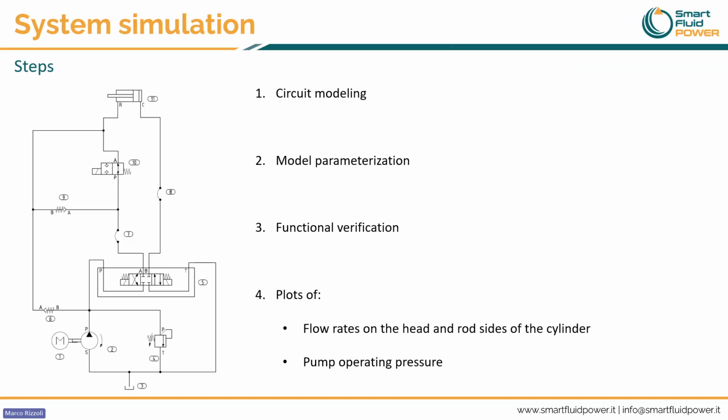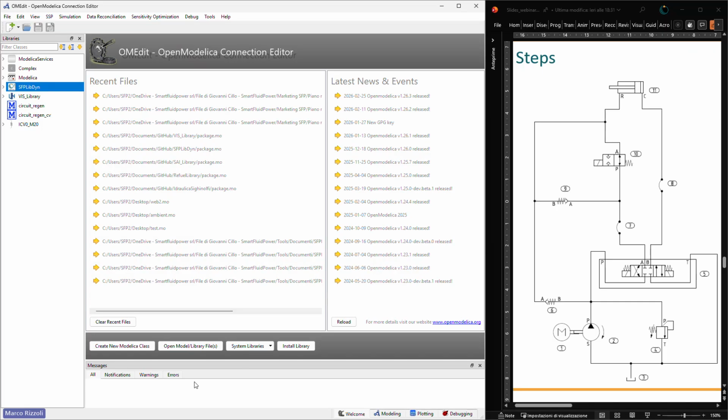Okay, I switch here. I will keep the circuit on the right to allow you to orientate in the model. This is how OpenModelica shows the first page. Here on the top left is our library that is divided in categories.